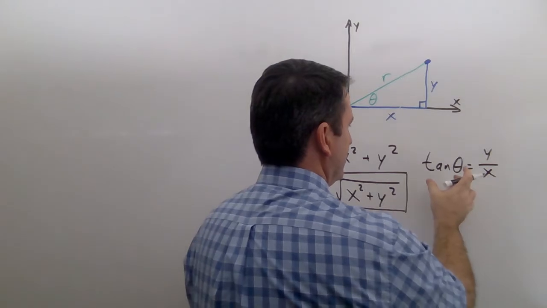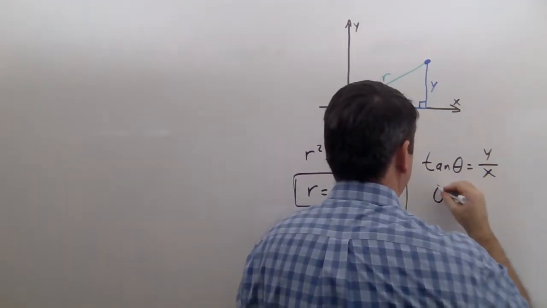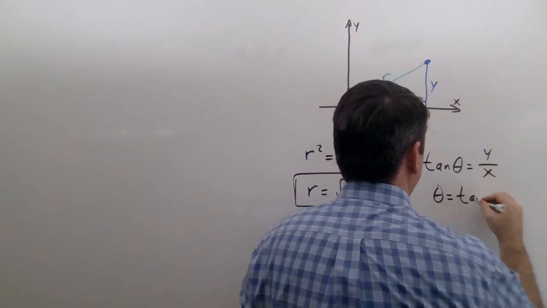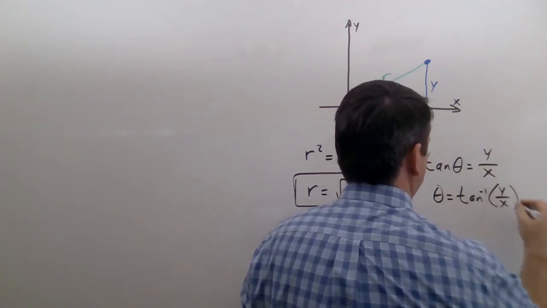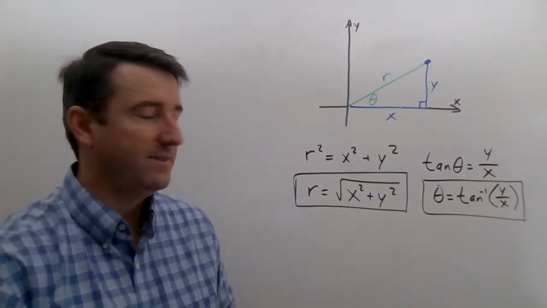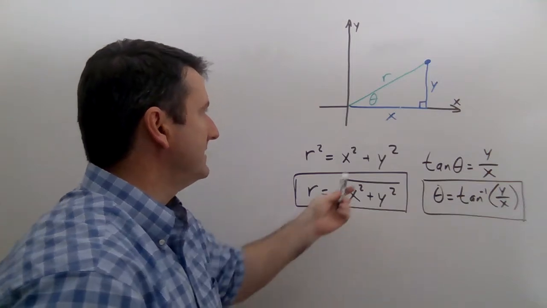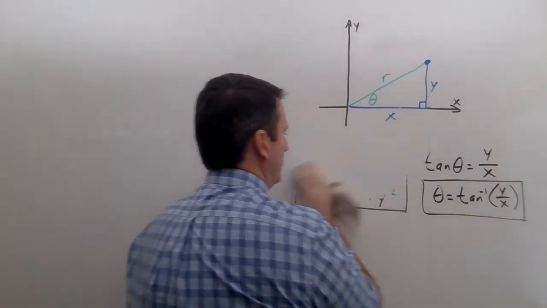And then to get theta by itself, let's take the inverse tangent of both sides. We get that theta is equal to the inverse tangent of y over x. And that's our formula to find theta. So now let's use these formulas to do our example problem.